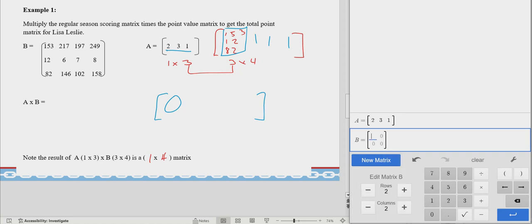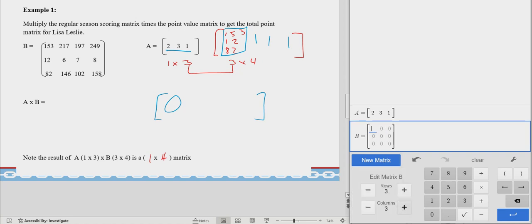And then I need a new matrix for matrix B, and it is a 3 by 4 matrix. And I would have to type in all of that data, which takes a decent amount of time. Sometimes the more complex the problem, the longer it's going to take you to type in, but it is still going to be faster than doing all the calculating by hand.